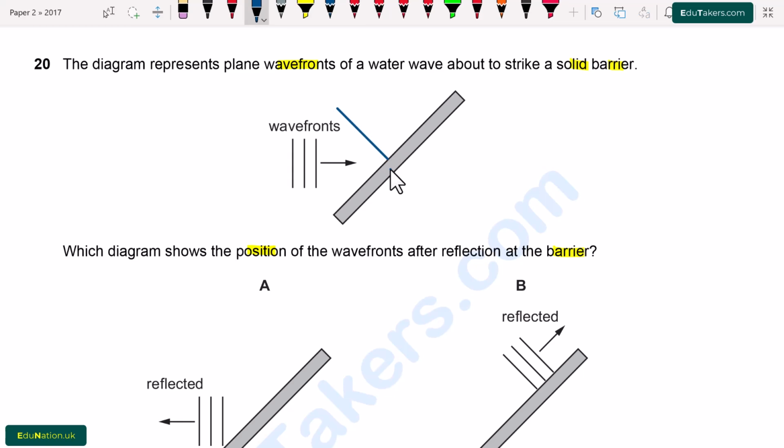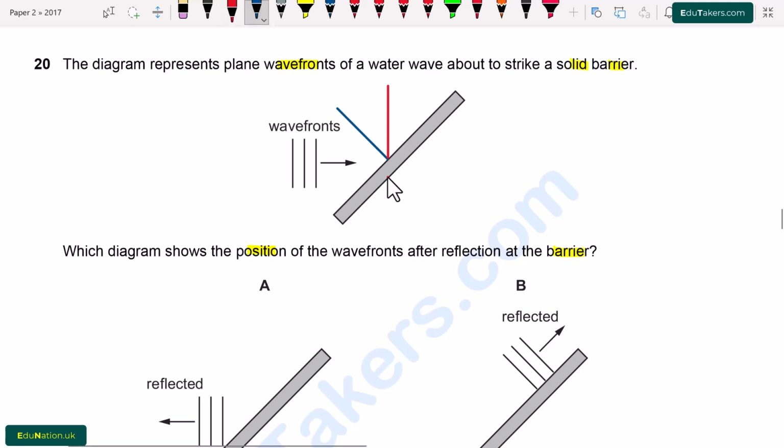Next, I consider that one wavefront reaches the solid barrier. Now I am going to draw its position. So I consider that this is the wavefront that reaches the solid barrier. According to the laws of reflection, the angle of incidence must be equal to the angle of reflection.